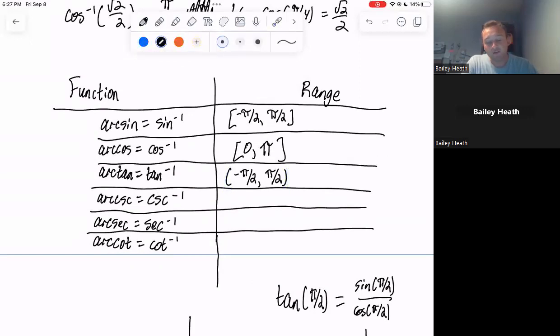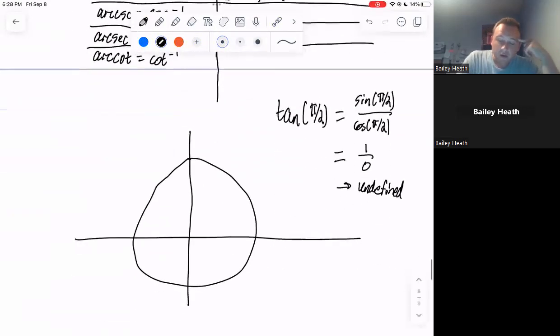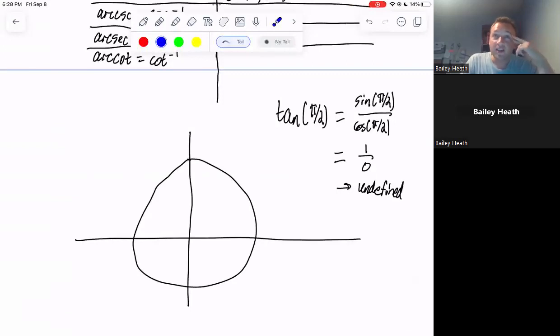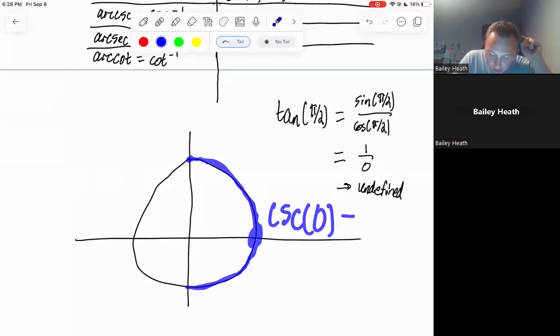Okay. Now for arc cosecant, so this is 1 over sine. If we're going to get every value of cosecant, we need to get every value of sine. So it would make sense that we choose the same range as we chose for arc sine. However, note right here in the middle, cosecant of 0 is 1 over sine of 0.